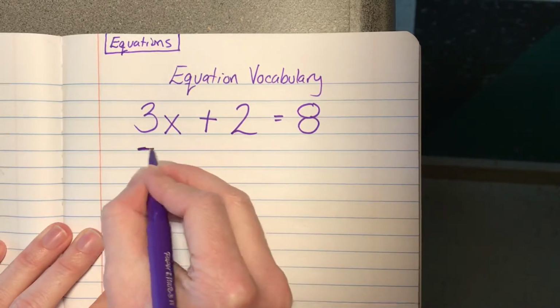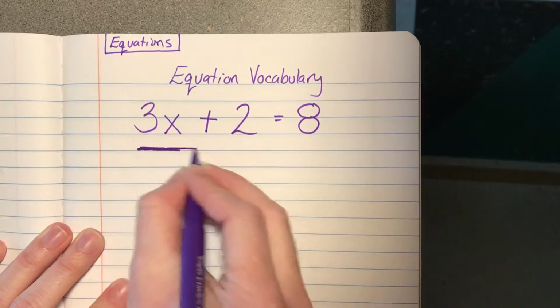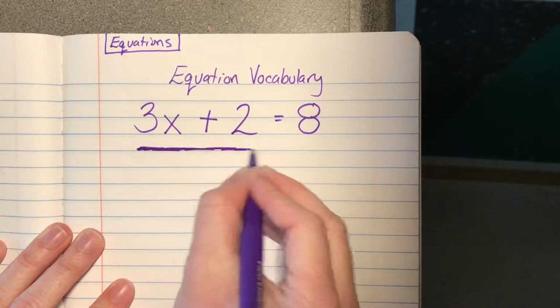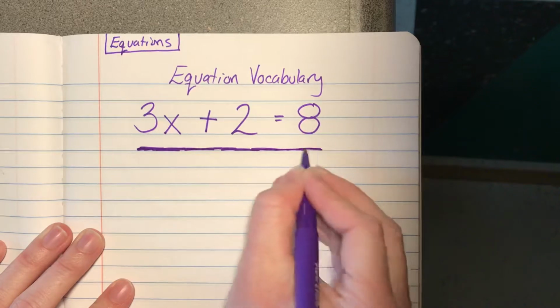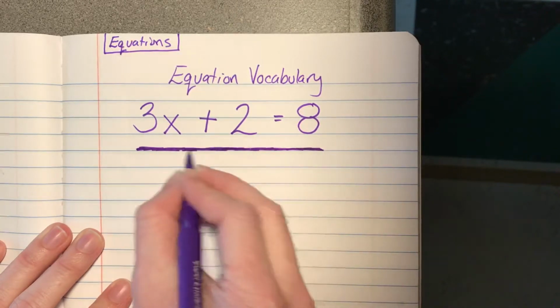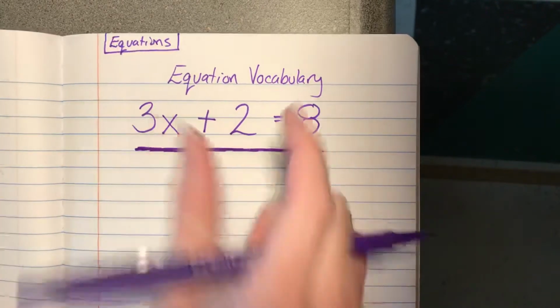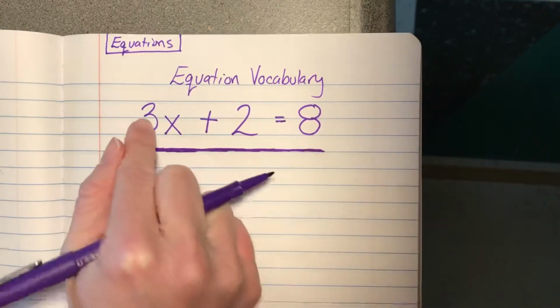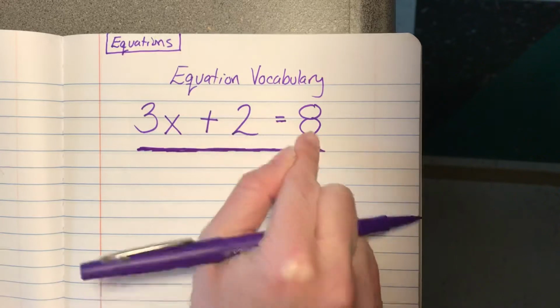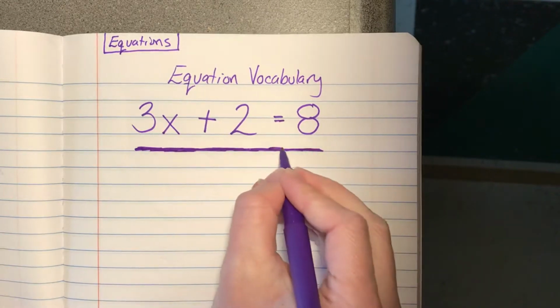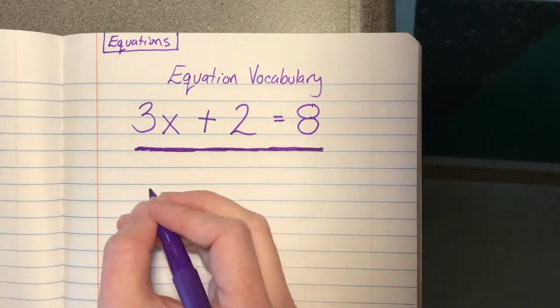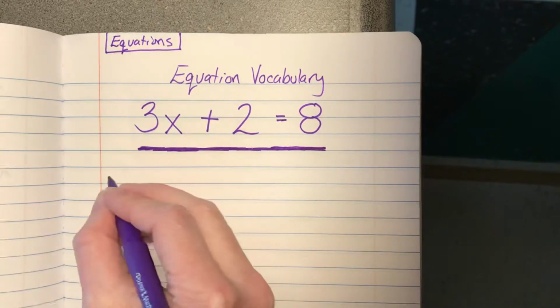I'm going to underline it a little bit lower than you might think, maybe on the next line, and I'll show you why in a second. Underline this entire thing. And let's talk about, first and foremost, this entire math sentence. The 3, the x, the plus, the 2, the equal, the 8, the whole thing we would refer to as an equation. All right, so this whole thing is an equation.